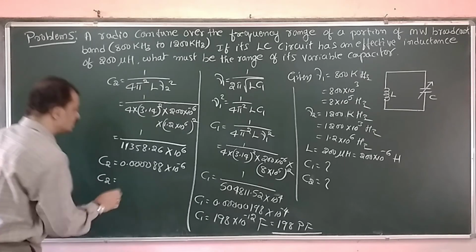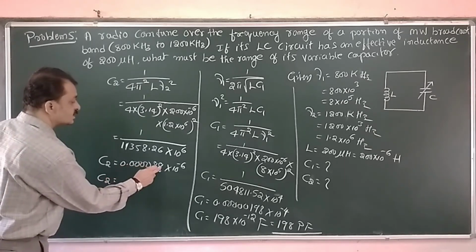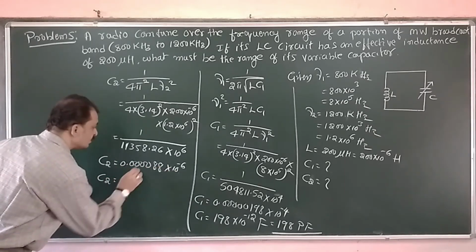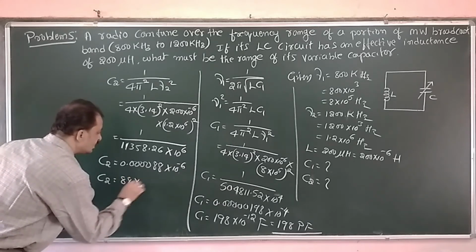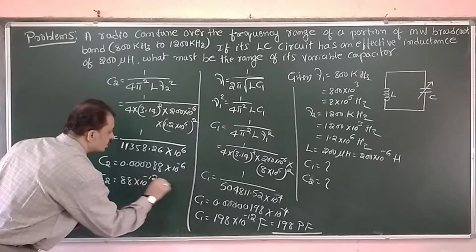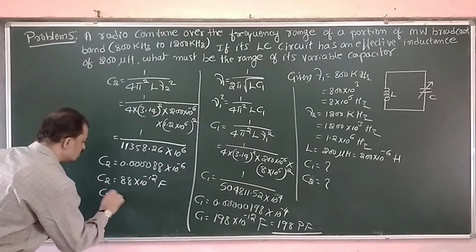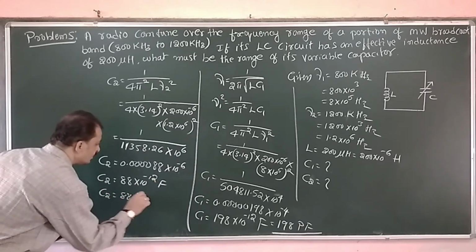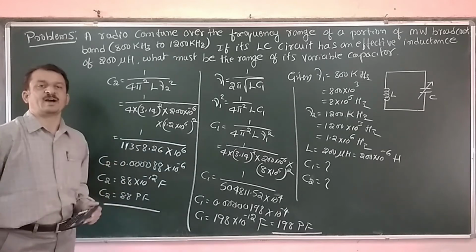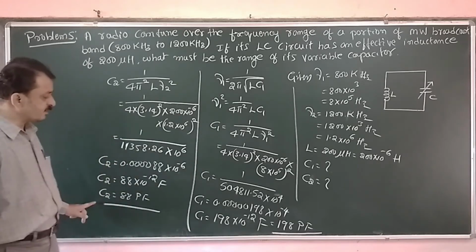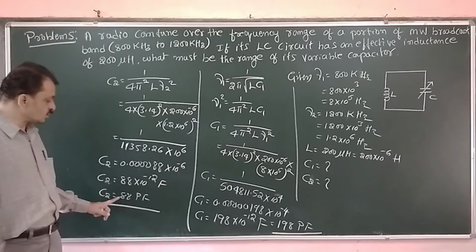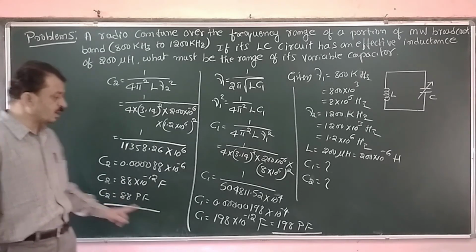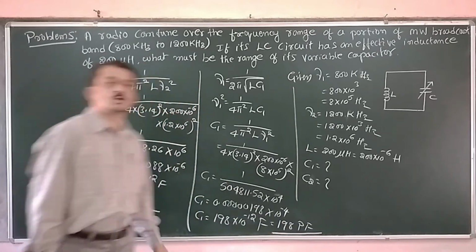Or I will rearrange the terms, and it becomes 10 to the power of minus 12. Therefore 88 into 10 to the power of minus 12 farad, or C2 is equal to 88 picofarad. That is the range of the capacitor. The capacitor should have the range from 88 picofarad to 198 picofarad.